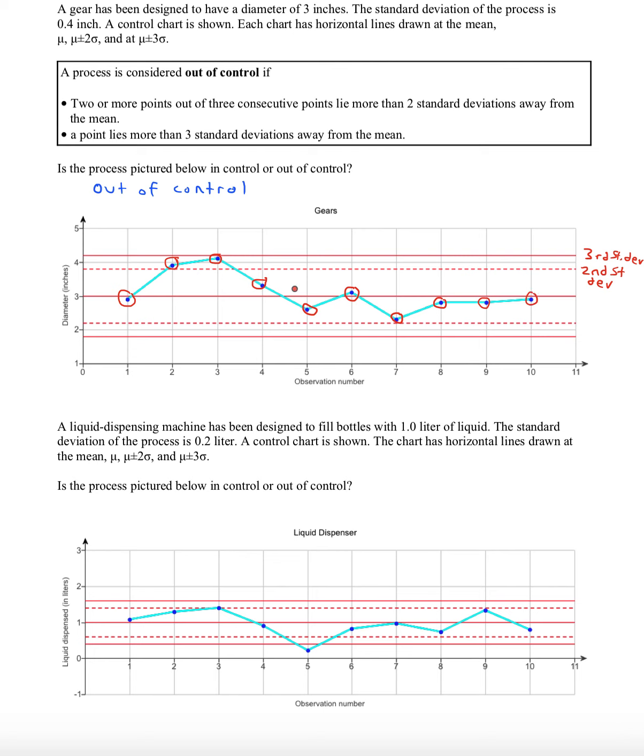But unfortunately, because these two were so far above, they're too large. The gear is supposed to be 3 inches, but these are certainly more than 3.5, even close to 4 inches in diameter, and that's too big. So it's an out of control process for that reason.